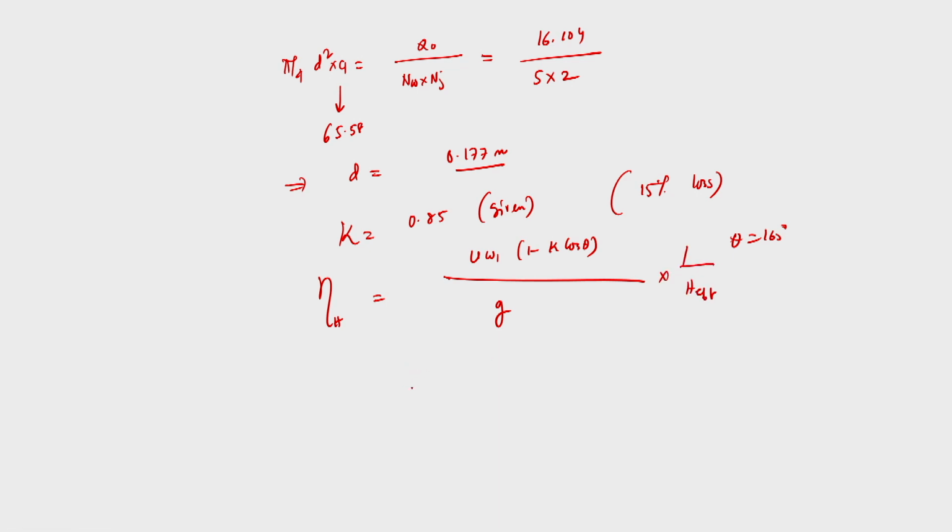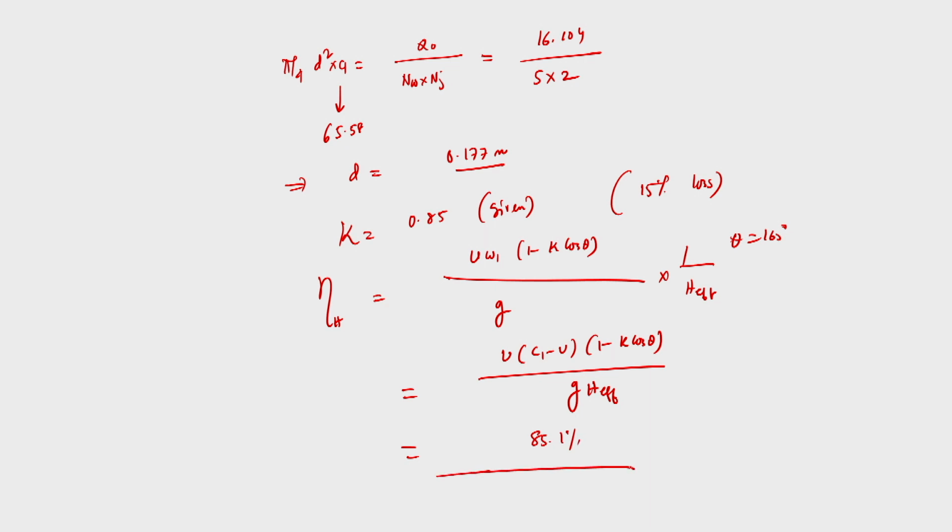If I calculate it, U into C1 minus U into 1 minus K cos theta divided by g into H effective. I know everything: U, C1, K is 0.85 because of the 15% reduction of the relative velocity, and cos theta. Then we can calculate the value of hydraulic efficiency, and that will come around 85.1%. So this is the hydraulic efficiency of the turbine.